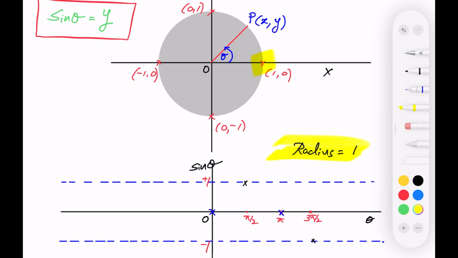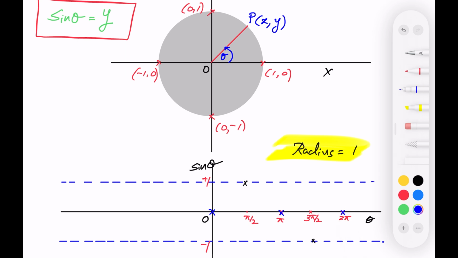When point P completes a circle and comes back onto the x-axis, theta is equal to 2 pi. When theta is equal to 2 pi, sine theta value, which is given by y, is equal to 0.